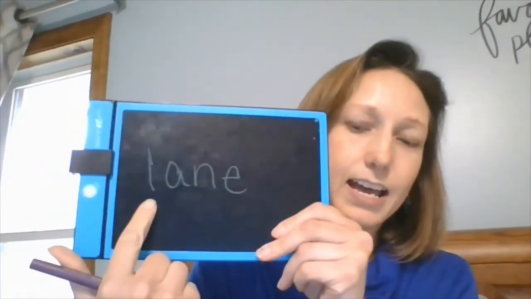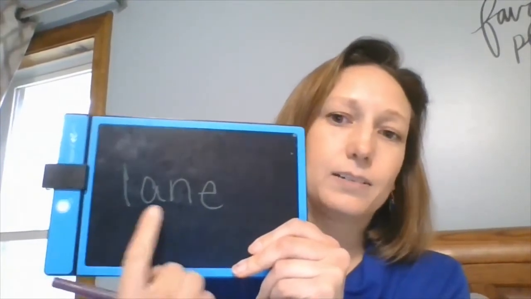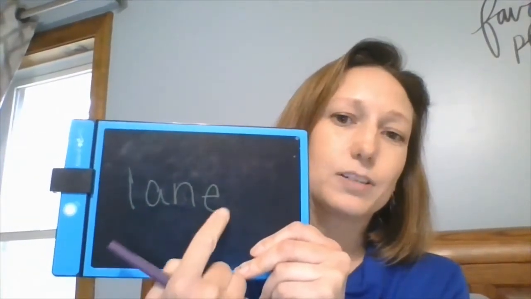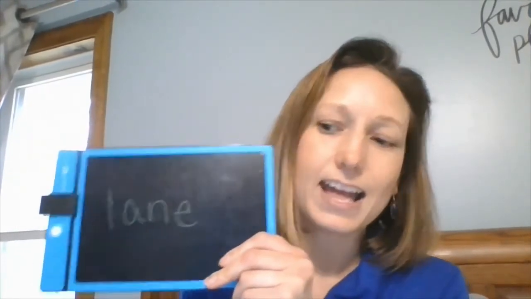And how did you spell lane? You spell lane, L-A-N-E. I heard the A say its name, so I put that E at the end. So I have A, consonant E says A. Number 2, clack.